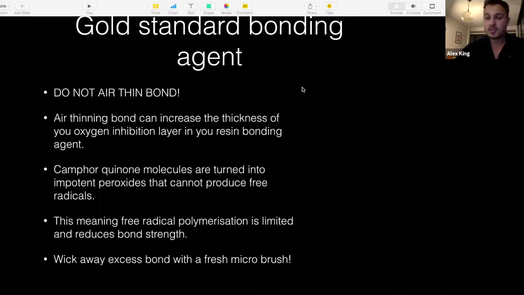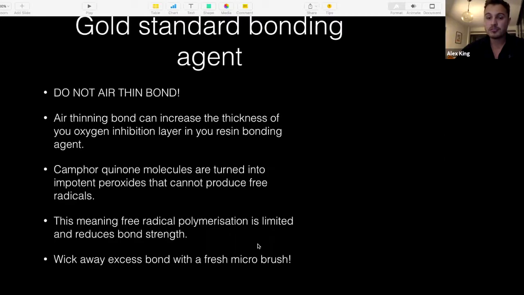And obviously these radicals can't produce free radical polymerization because you've no longer got the camphor molecule. So this means that free radical polymerization is limited. Your bond can't mature, your resin tags can't go into your hybrid layer, so you're losing bond strength if you are air drying your bonds.